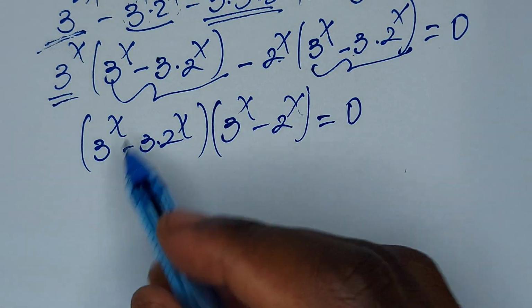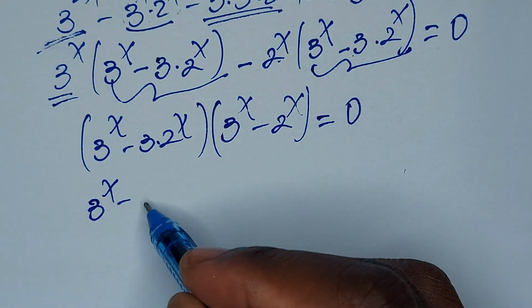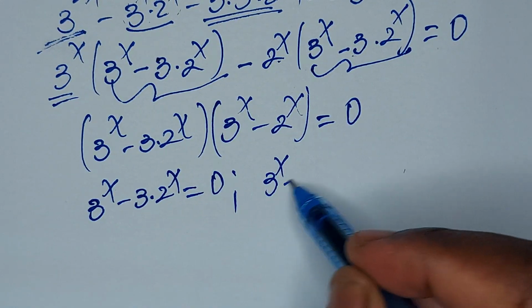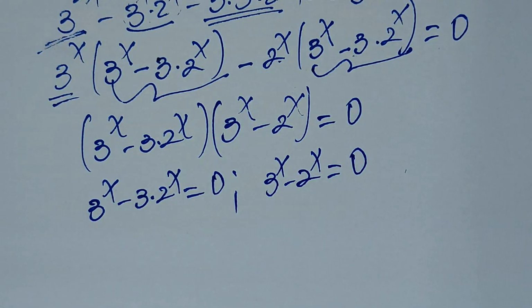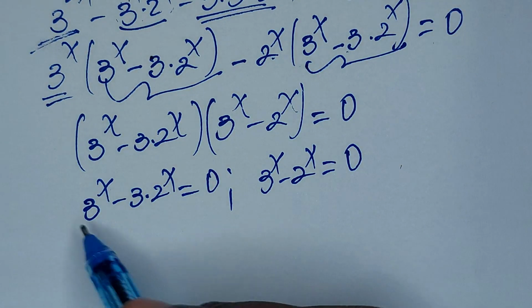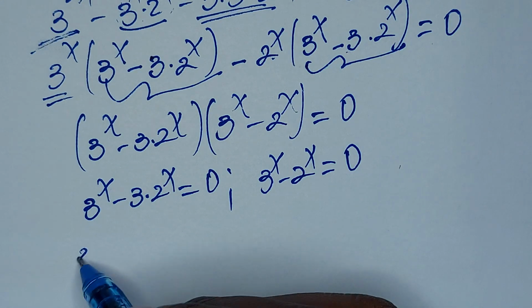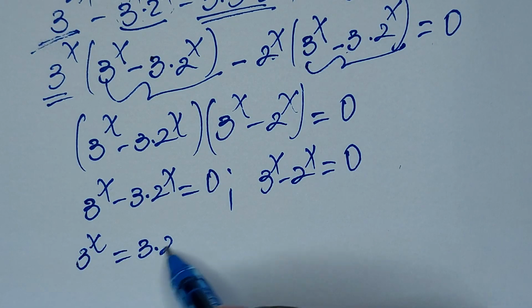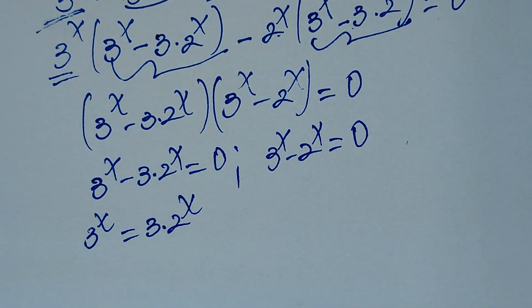So doing so, we now have that 3 to the x minus 3 times 2 to the x is 0, and 3 to the x minus 2 to the x is 0. Now this is 3 to the x equals 3 times 2 to the x. What do I have? I'm going to bring this one to the side.